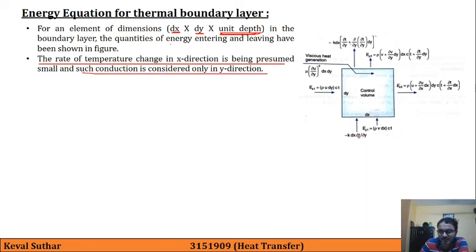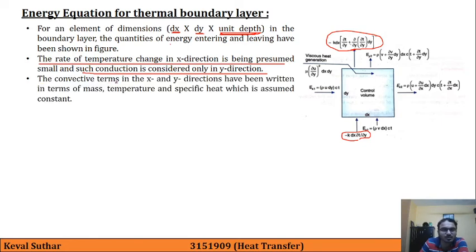That is, as you can see, we are considering this Fourier equation only in the y direction because we are assuming that the rate of temperature change in the x direction is small. Now the convective terms in the x and y direction have been written in terms of mass, temperature and specific heat, which is assumed to be constant.